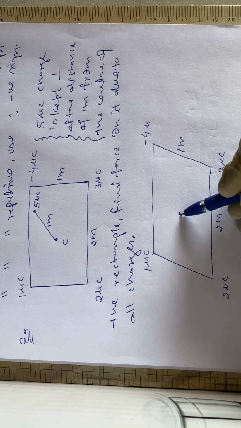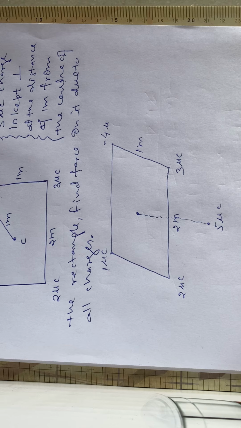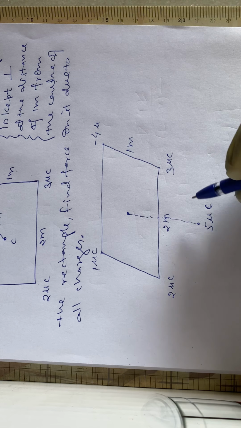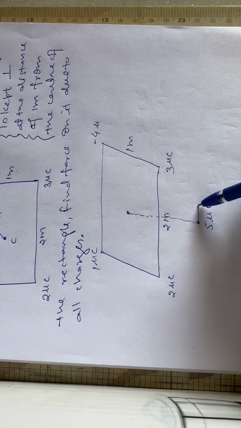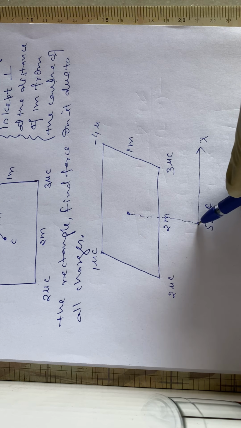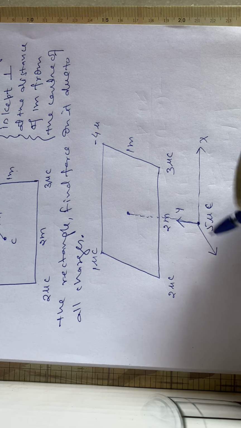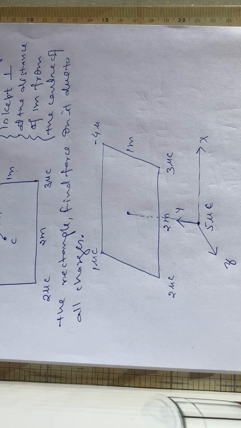So this 5 microcoulomb charge will be somewhere here. This is the 5 microcoulomb charge. So let's say this is my x-axis, this is my y-axis, and out of the plane of the sheet, this is my z-axis.